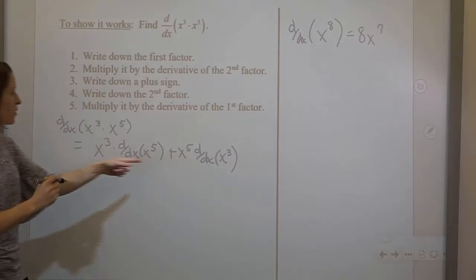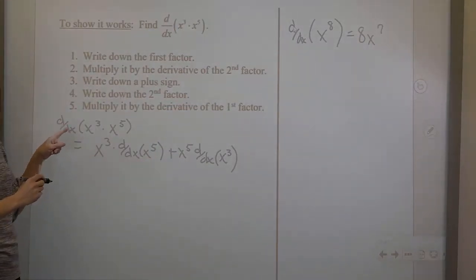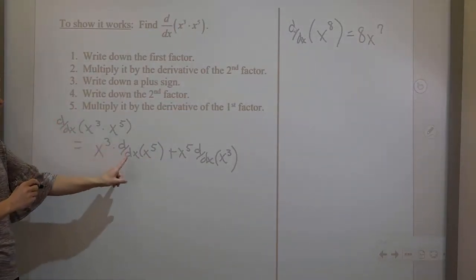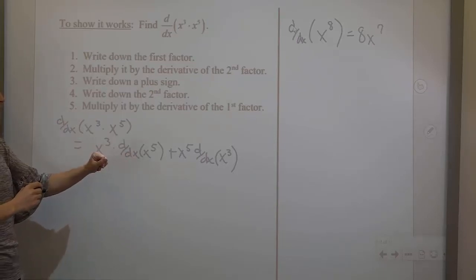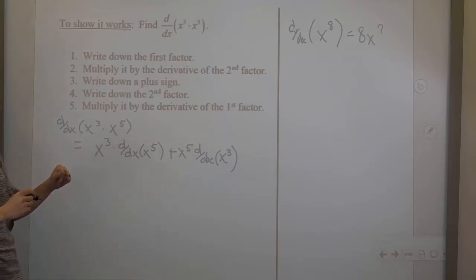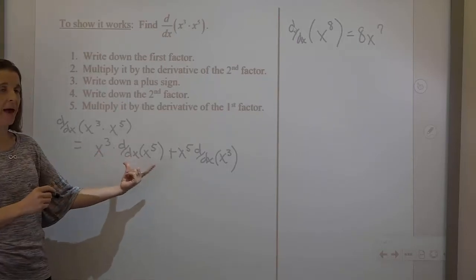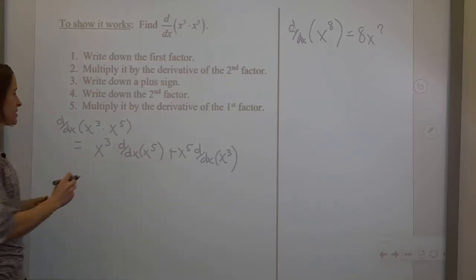So this is going to be equivalent to the answer to our derivative, but we cannot leave the little baby d/dx's, the derivatives that we still need to take, in our final answer. I won't always make you fully simplify, but you have to at least get past here and not have any derivatives left to take.